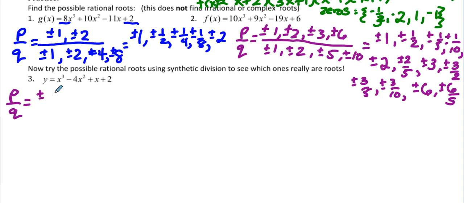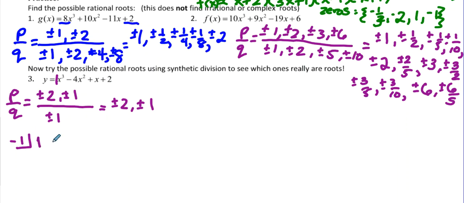Factors of 2 over factors of 1, because my lead coefficient is 1. So this just gives me plus or minus 2 and plus or minus 1. So I'm going to try one of those numbers and see if I can find a 0 of this polynomial. So let's try -1.